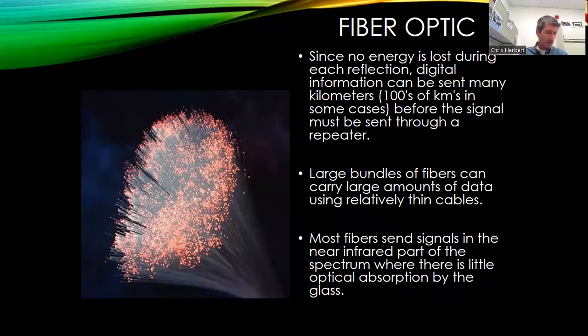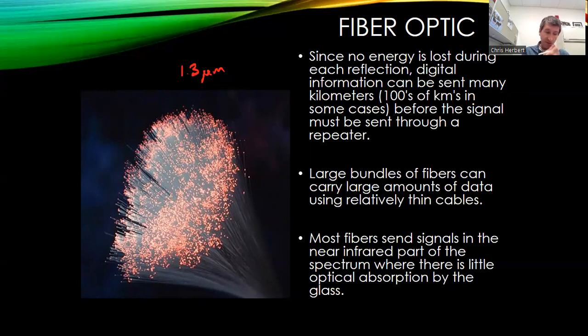And fiber optics are very, very effective because they can take this light energy a very long distance. If you have ultra pure glass that you're using here, you don't really get very much absorption. But one thing I should remind you, something we talked about in the previous chapter, is that typically this is not sent in the visible part of the spectrum, even though the visible part of the spectrum would give you more bandwidth.